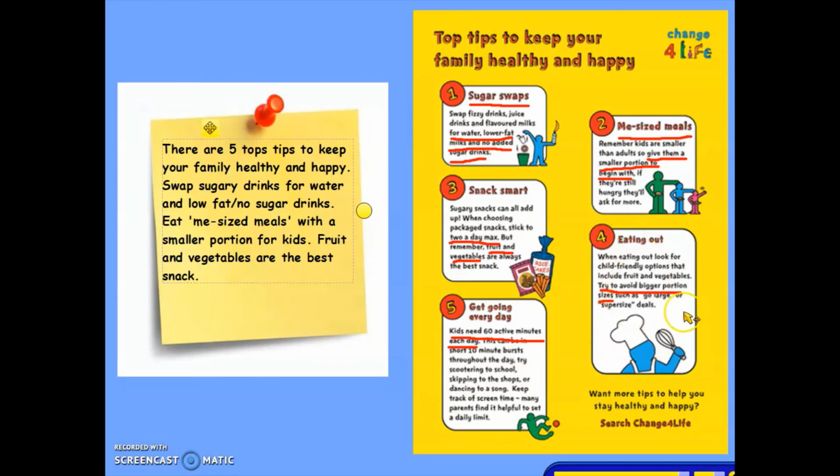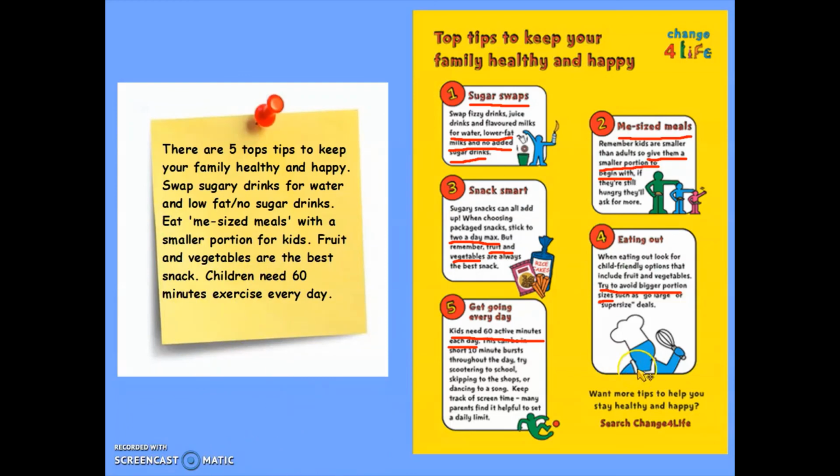If we look at this box, it's all about portion size again. We've already talked about that point, about me-sized meals and smaller portions for kids. So I'm not going to write anything for that point. And finally, the 5th tip, the information that we wanted to say was that kids need 60 active minutes each day. I've put it in my own words that children need 60 minutes exercise every day.